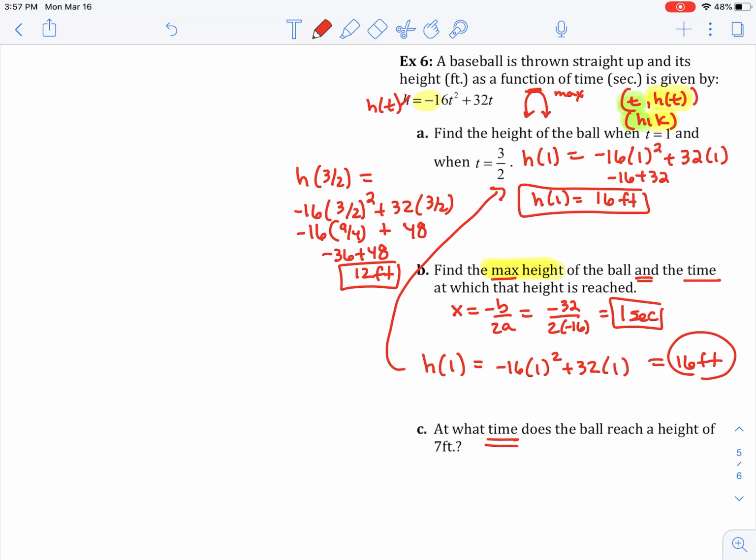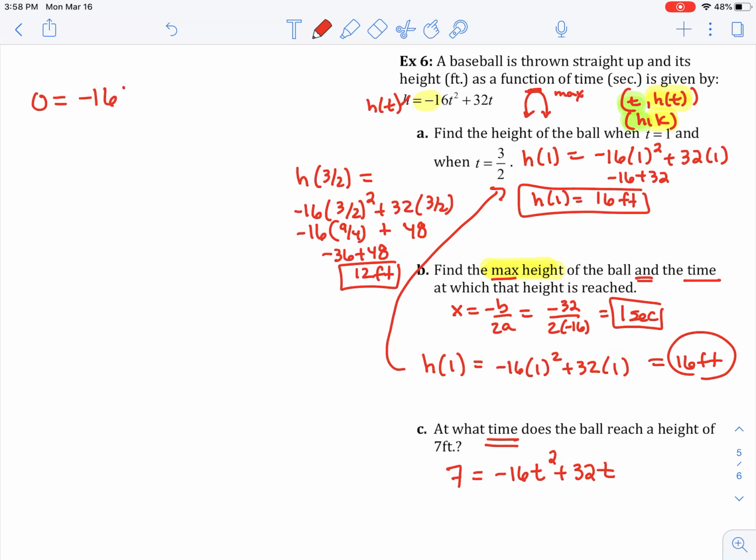On part C, at what time, so we're solving for time, does the ball reach a height of 7 feet? So we're given that height is 7, and so if we set our equation, 7 = -16t² + 32t. It's quadratic. We want to make sure that quadratic is equal to 0.